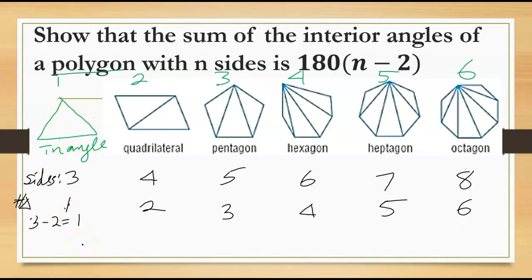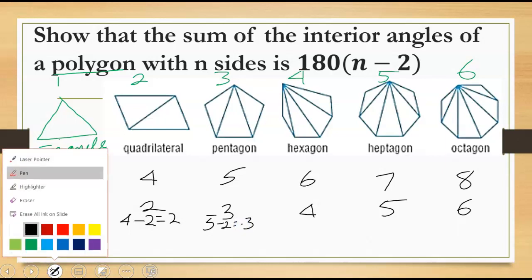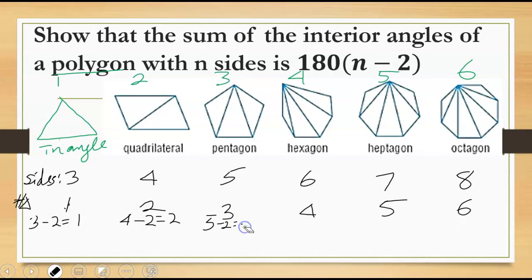And this will be 4 sides minus 2, that gives us 2. And 5 sides minus 2 will give us 3. No, I don't want it to be messy, so I'll just leave this under the numbers we are getting.